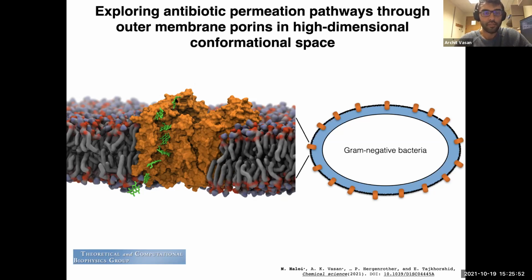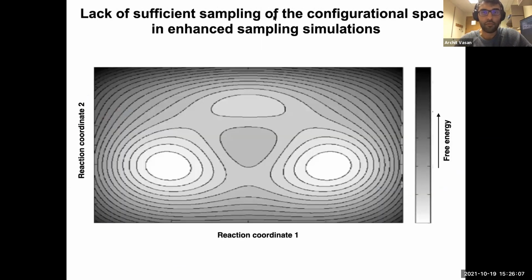This can allow these antibiotics to favorably permeate into these gram-negative bacteria, where they show a very significant effect against these bacteria. However, we wanted to study this antibiotic permeation using molecular dynamics simulations, and in particular enhanced sampling.